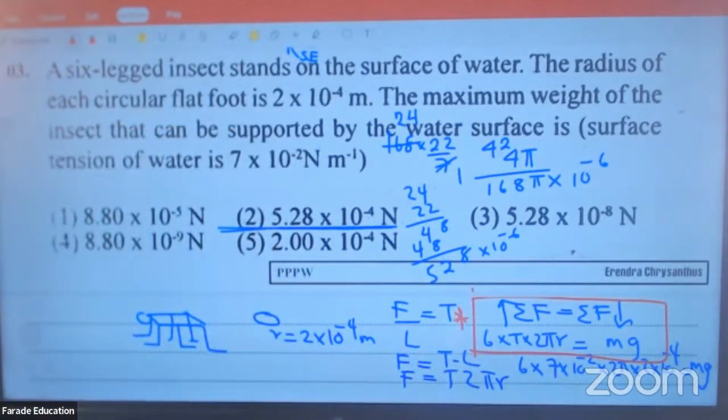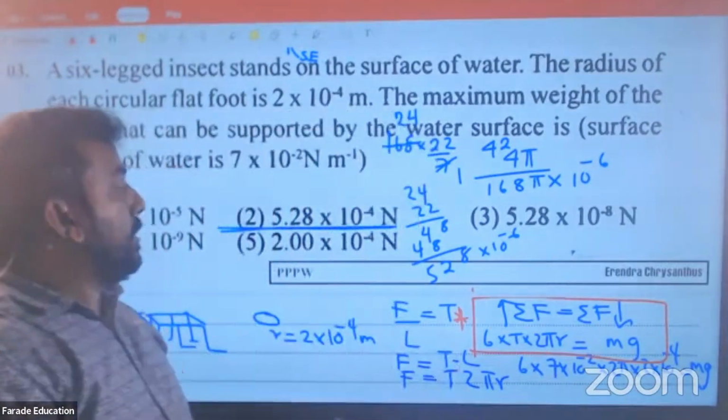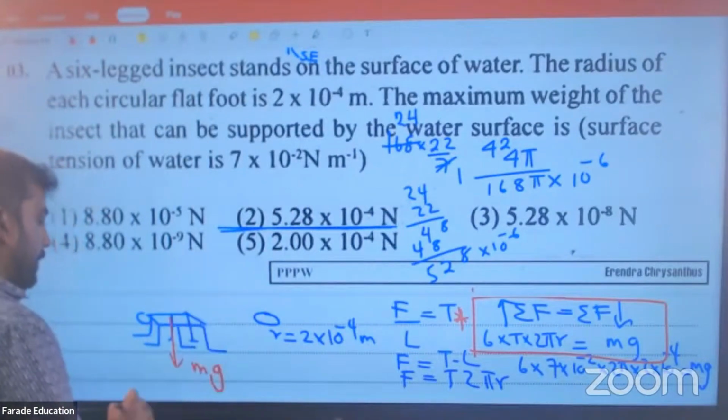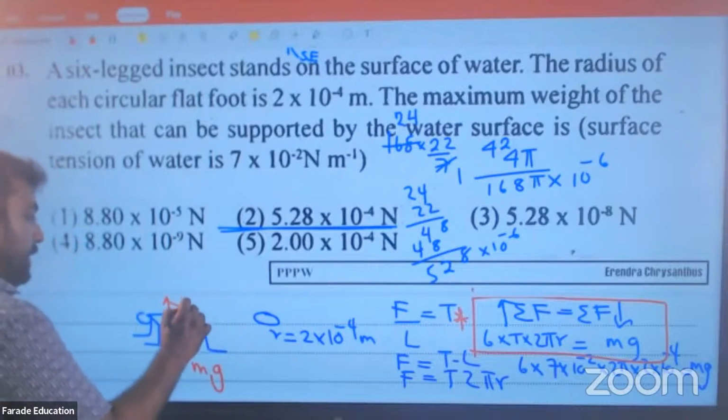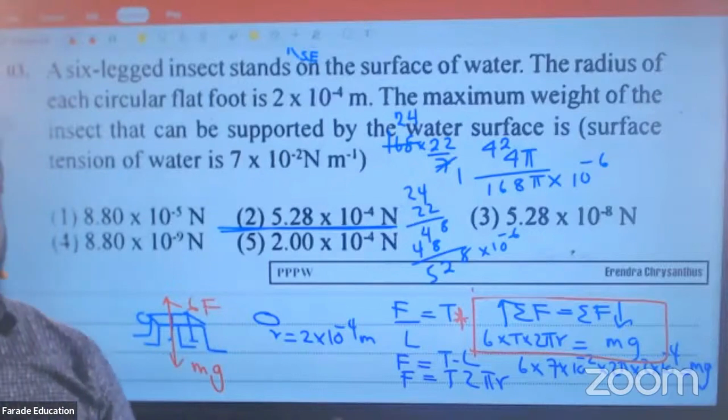Quickly write down. Right now, this animal is balanced by 6 surface tension forces.